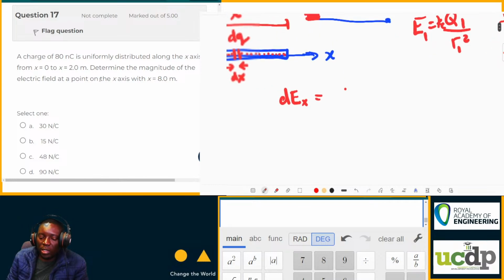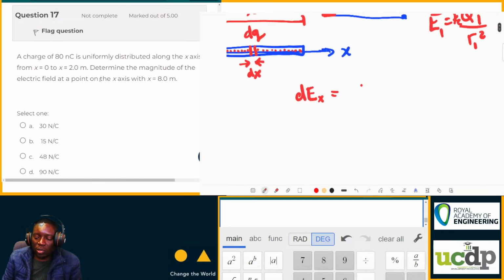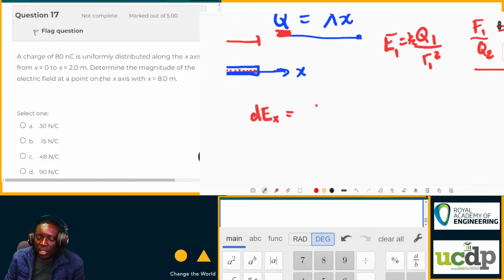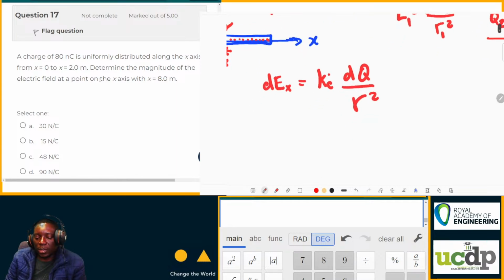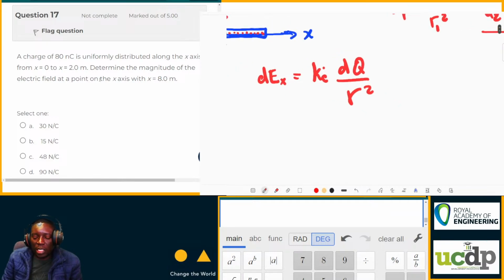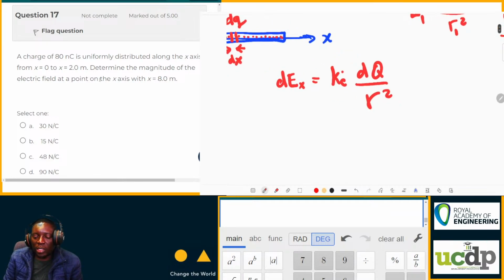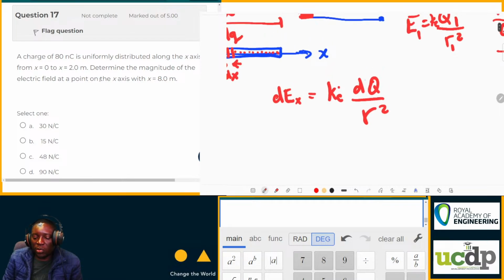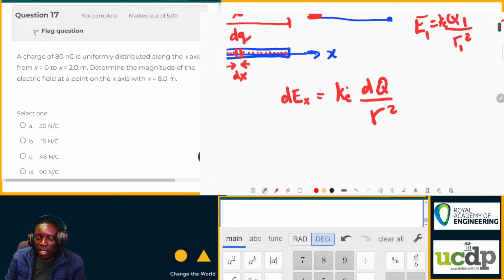So now when we are looking at the continuous charge distribution, our dEx in this case is given as Ke, still the same, dq over r squared. What we want to see is how this electric field at any point along the x would vary. So we have our small dq elements contributing to that point at x.